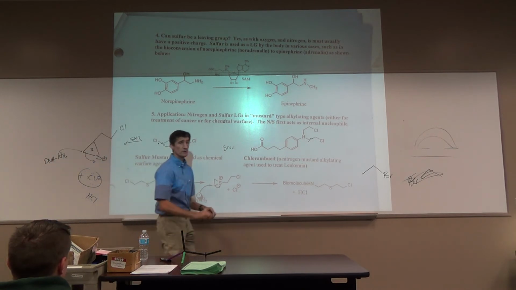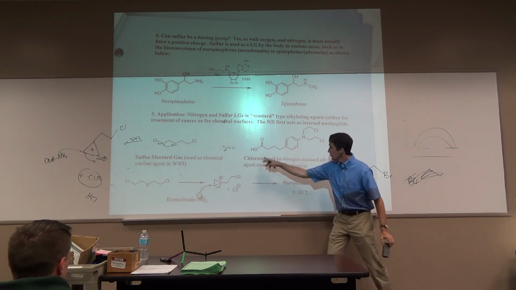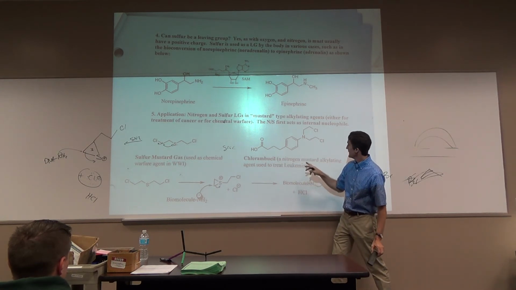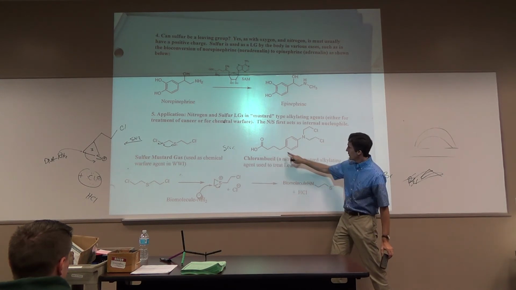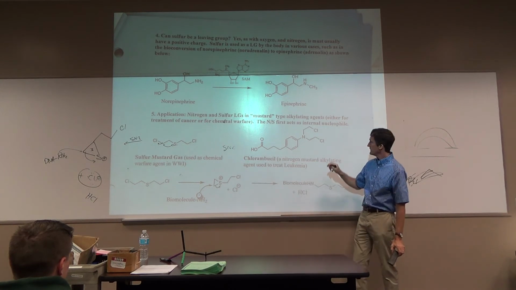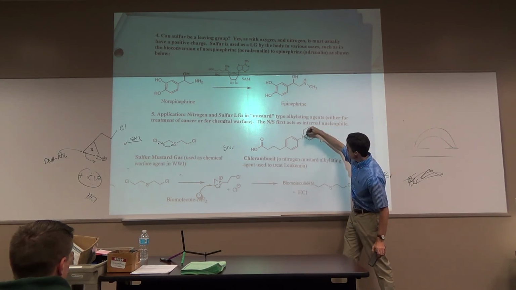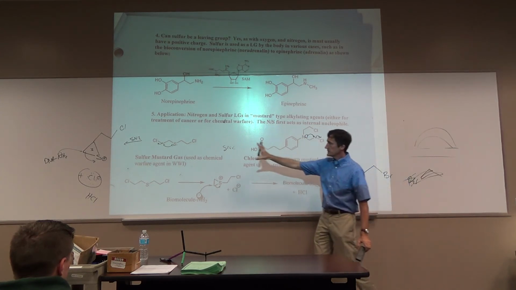Now some of these are used to treat cancer. Chlorambucil. Chlor, am, he's got an amine, am, bu, 1, 2, 3, 4, butyl. So that's some of the name, okay? It's called a nitrogen mustard. The same thing, this nitrogen can attack here, make a three-membered ring, get the same thing.